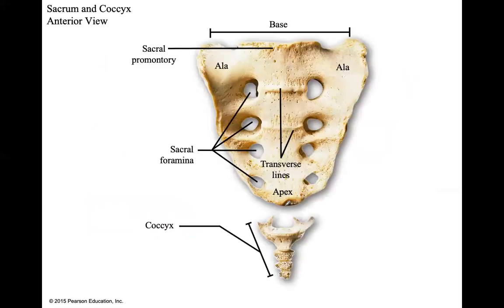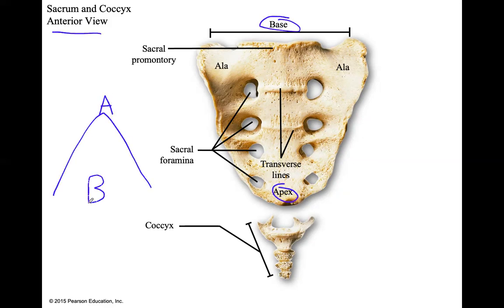Okay, let's look at the sacrum and the coccyx. This is an anterior view of the sacrum. The sacral base is on the top, and the apex is on the bottom. Typically, when you think of a mountain, the apex is on the top and the base is on the bottom. Well, the base just means it's the widest part.